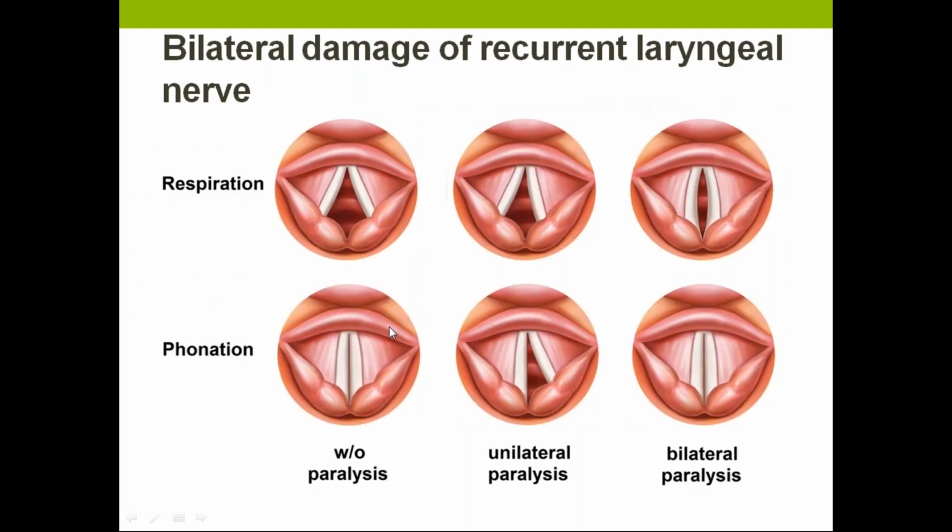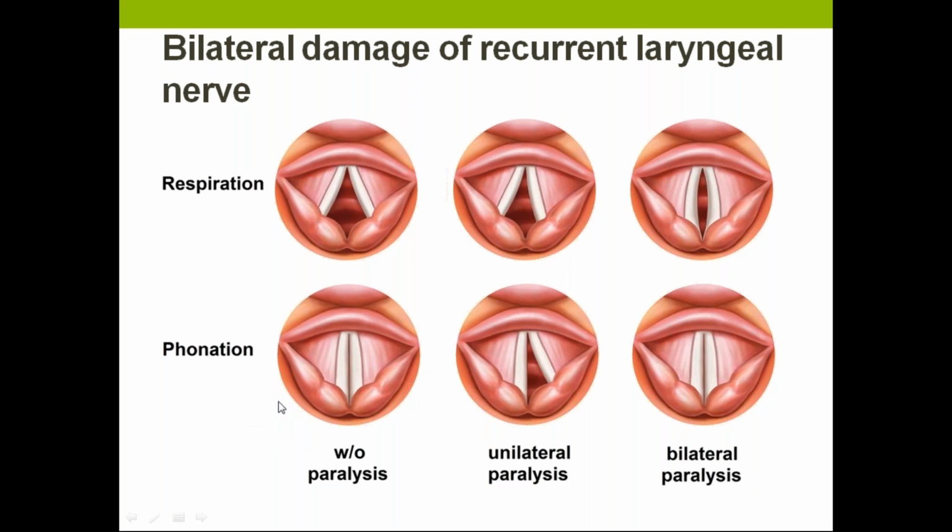And if there is bilateral damage of the recurrent laryngeal nerve, what happens? There will be complete absence of phonation, and the patient will gasp for breath. If it is not immediately treated, the patient will die.